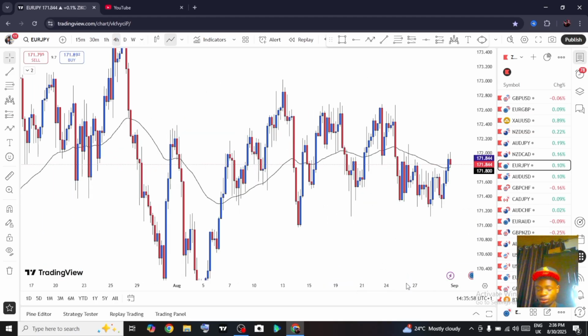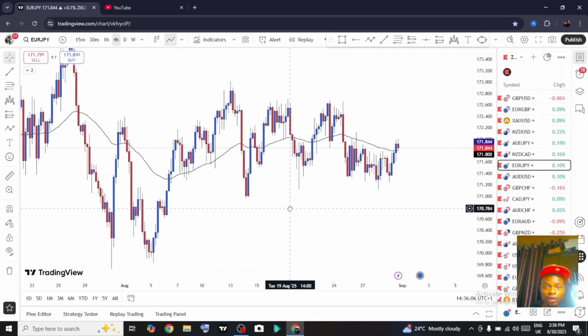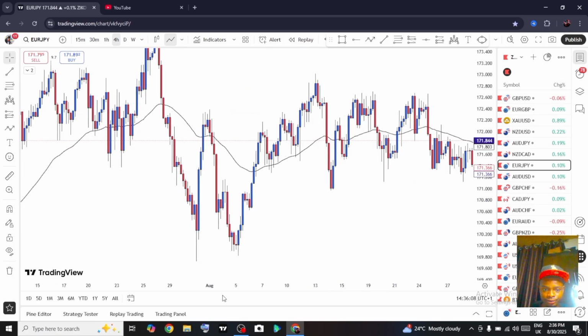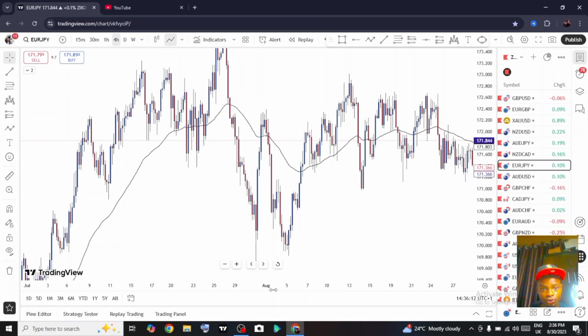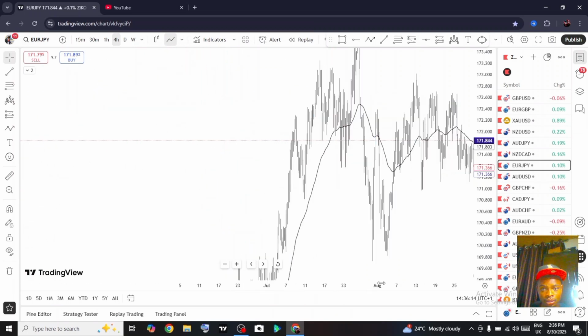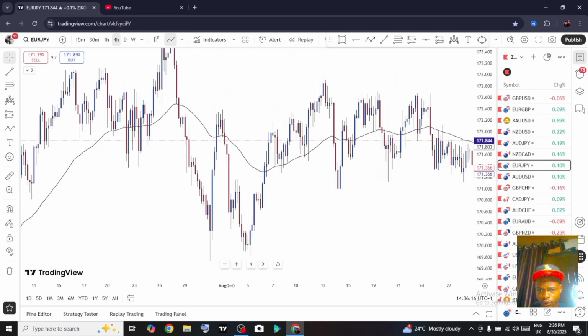So I'm not really sure how I want to play this market right now because the weekly is clearly telling us that we are going to continue selling this week, right? But the 4 hour is telling us that we are buying. So let's just look for how to align ourselves with the weekly time frame.